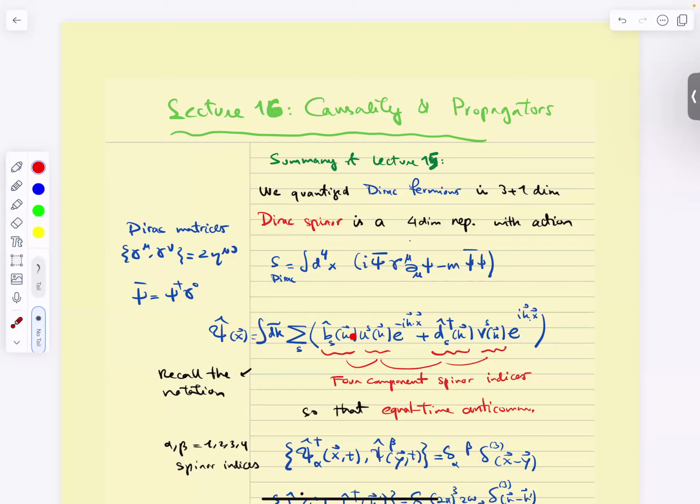These solve the Dirac equation, the classical Dirac equation. These are other solutions to the classical Dirac equation. Each of them has 2 components, right? s is the up and down component. And the quantization goes this way: b and d dagger of s. s is a spin index, up and down, and then these are all the four components. These are particle, antiparticle, right?